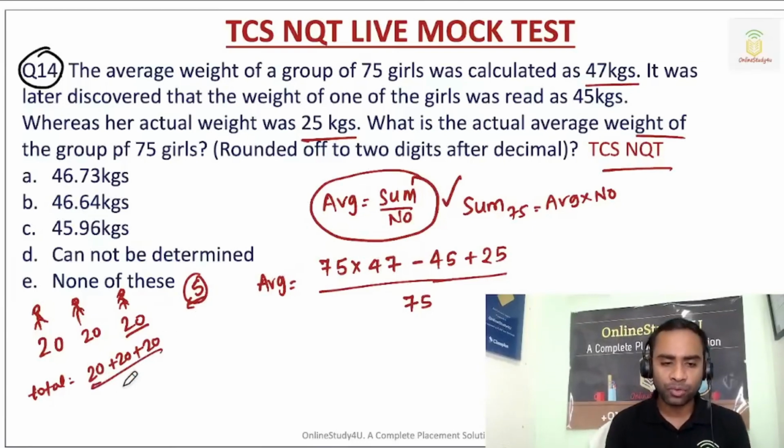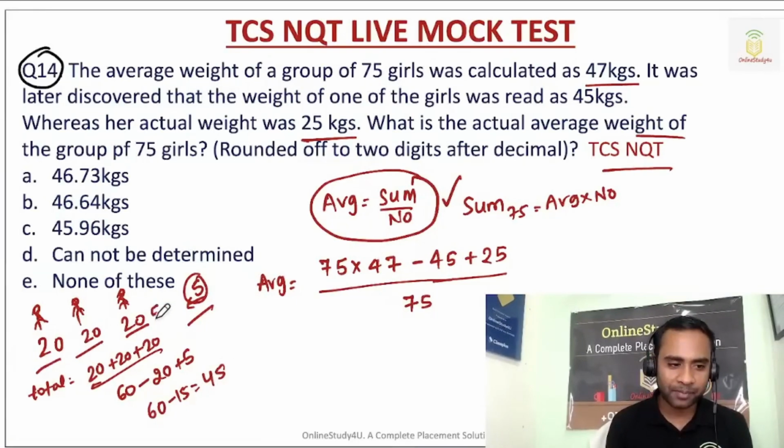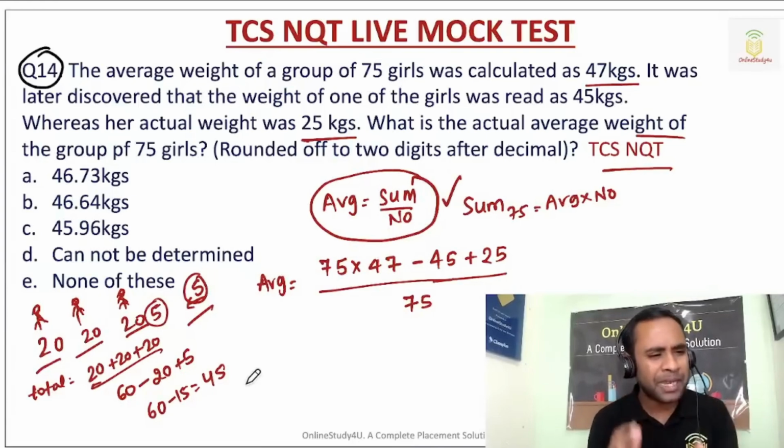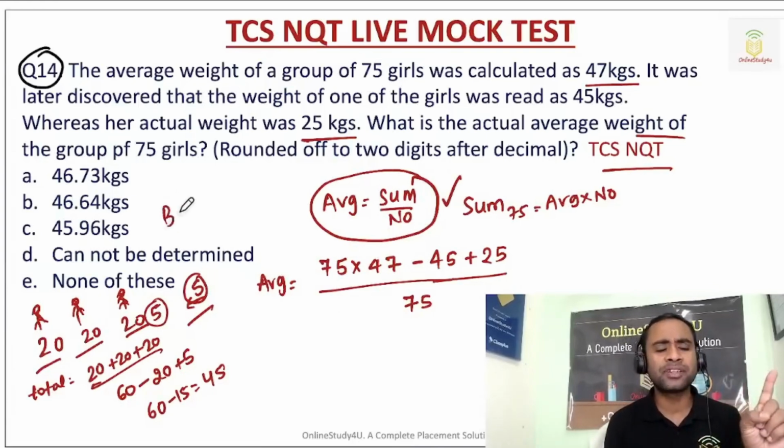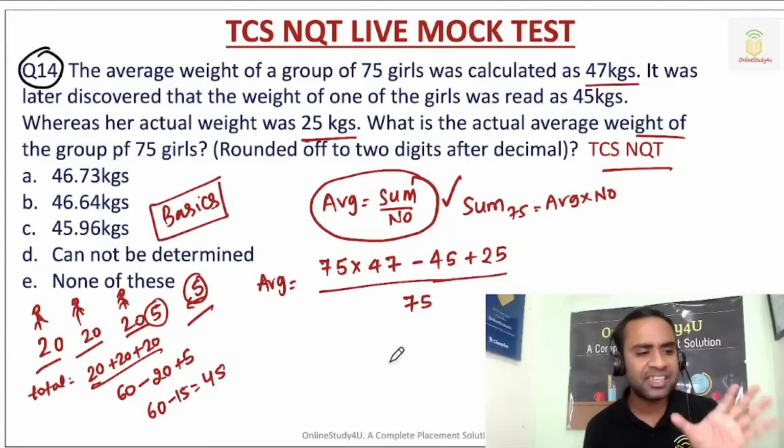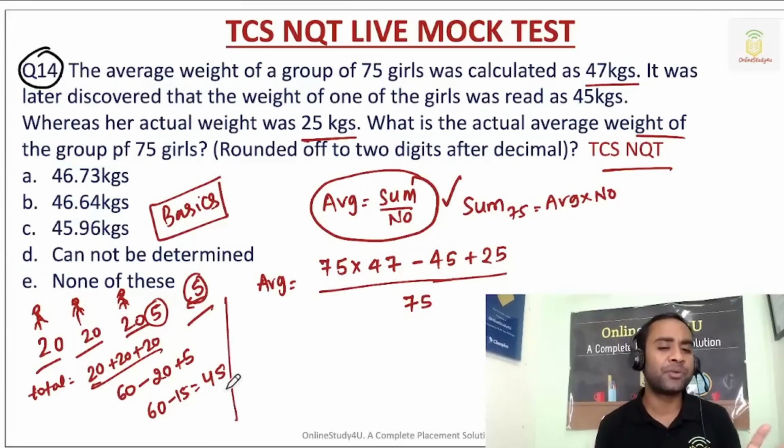No problem, the total is 60. I will remove the 20 which I have added and add her actual weight. So 20, 20 and 5 kg. Friends, aptitude is nothing but basics. If your basics are clear, then aptitude is nothing.